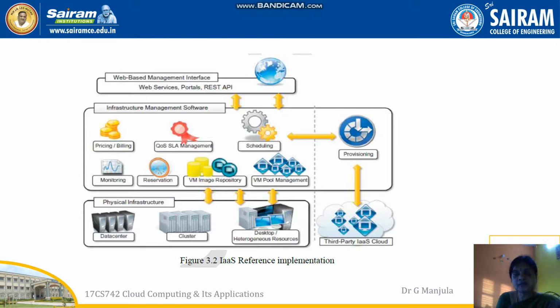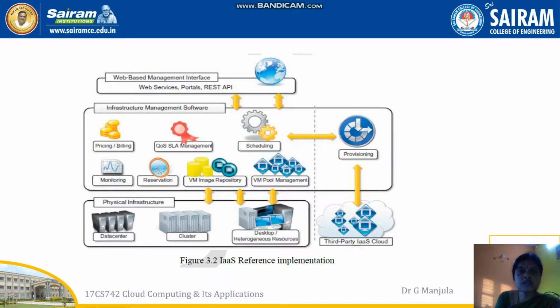Same layers, whatever I told in the initial stages of the architecture, the x-axis talks about the hardware components, and it also talks about negotiation, pricing, billing. Because the hardware is whatever I am going to purchase and utilize in the future, like virtually sharing my physical resources and my storage devices, it is bounded within a negotiation. It is bounded within a service level agreement.